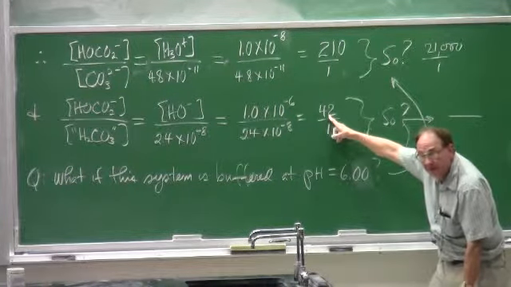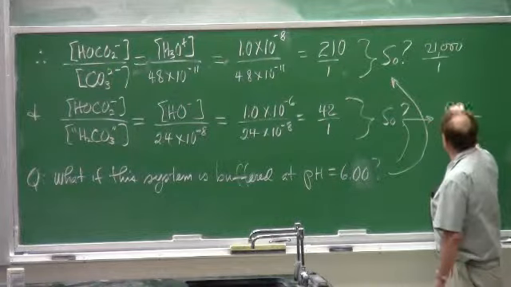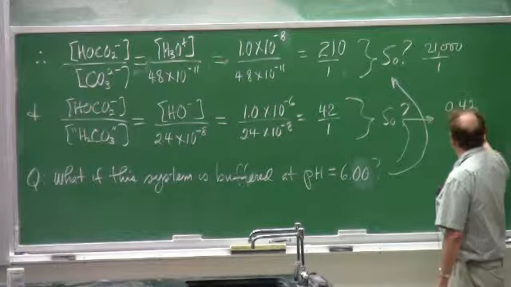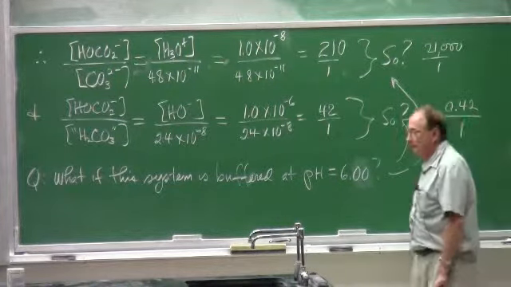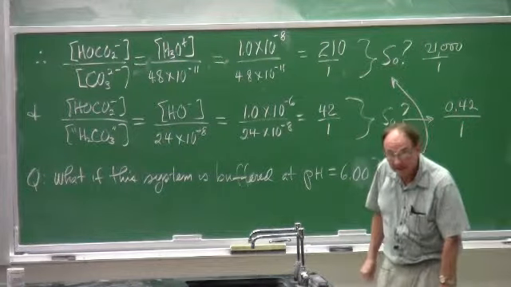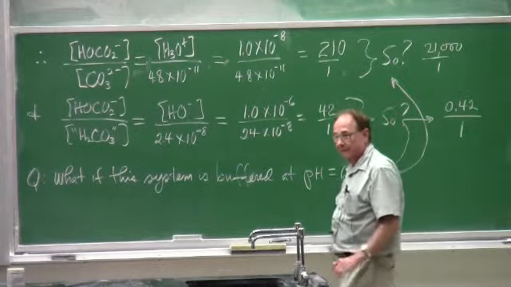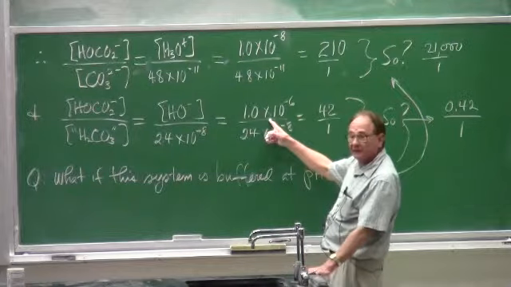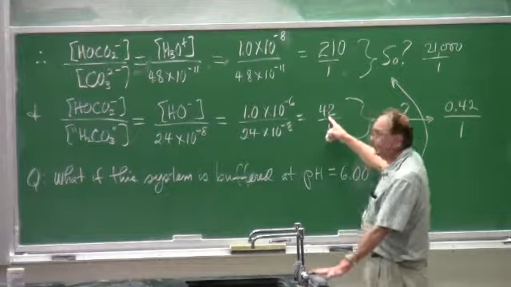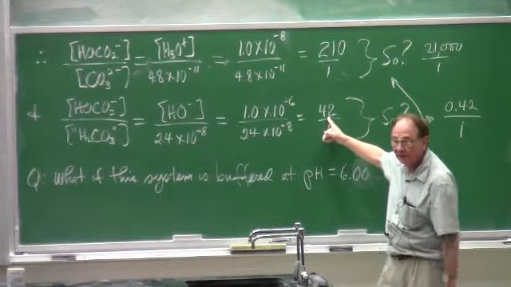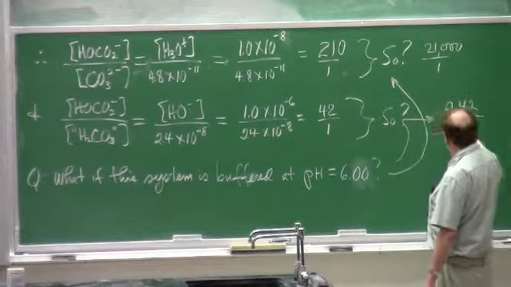What's this become? 0.42 to 1. Correct? At pH 6, this becomes 1 times 10 to the minus 8. So this value gets divided by 100. There we have it.